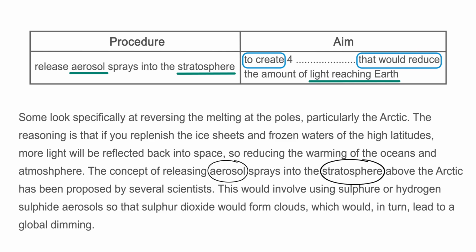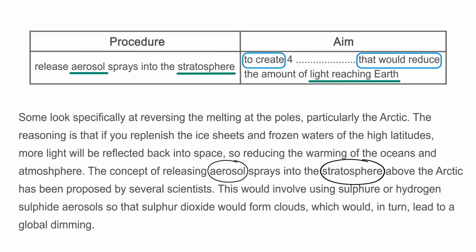The concept of releasing aerosol sprays into the stratosphere above the Arctic has been proposed by several scientists. This would involve using sulfur or hydrogen sulfide aerosols so that sulfur dioxide would form clouds, which would in turn lead to a global dimming.